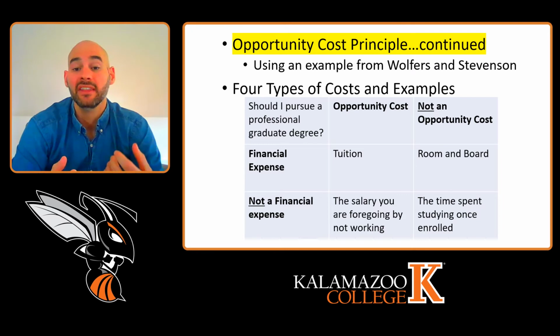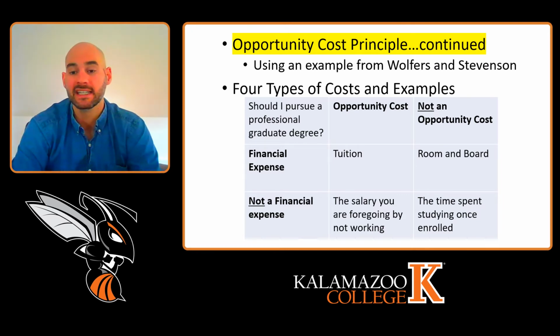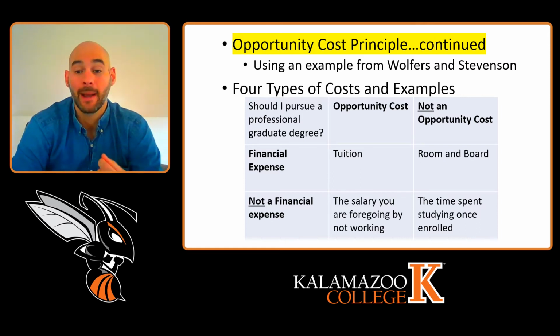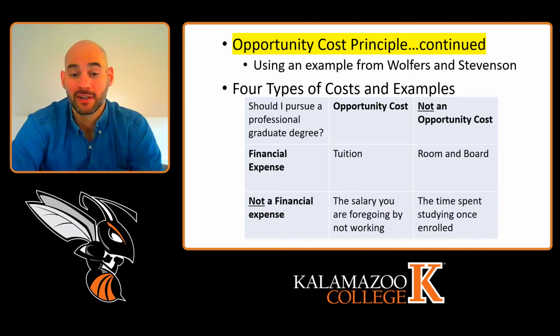However, the salary that you are foregoing by not working, for example, if you were earning $50,000, then that is an opportunity cost. But because you are not paying $50,000 additionally to get the graduate degree, it's not money that is leaving your hand, you are not handing it to somebody, then it's not a financial expense.